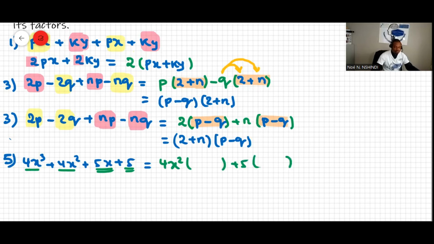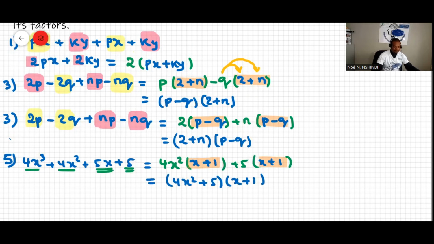So this will be x plus 1, because 4x squared times x is 4x cubed, and 4x squared times 1 is 4x squared, and if I take 5 as a common factor, it's going to be x plus 1 there. Now you notice we have x plus 1 and x plus 1 there. So we can combine this: it's going to be 4x squared plus 5, and then x plus 1.